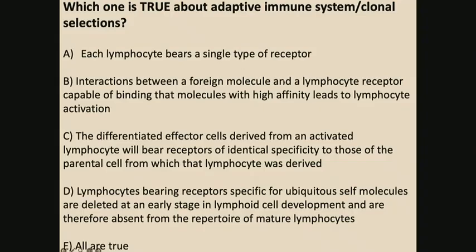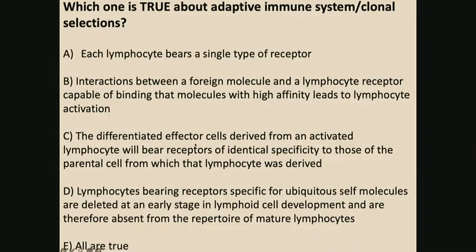Interactions between a foreign molecule and a lymphocyte receptor capable of binding that molecule with high affinity, so it needs to bind with high affinity to a specific molecule, leads to lymphocyte activation, okay? So the BCR and TCR need to bind with high affinity. Remember this, the BCR and TCR need to bind with very high affinity to their ligand, to their antigen, for them to be activated.